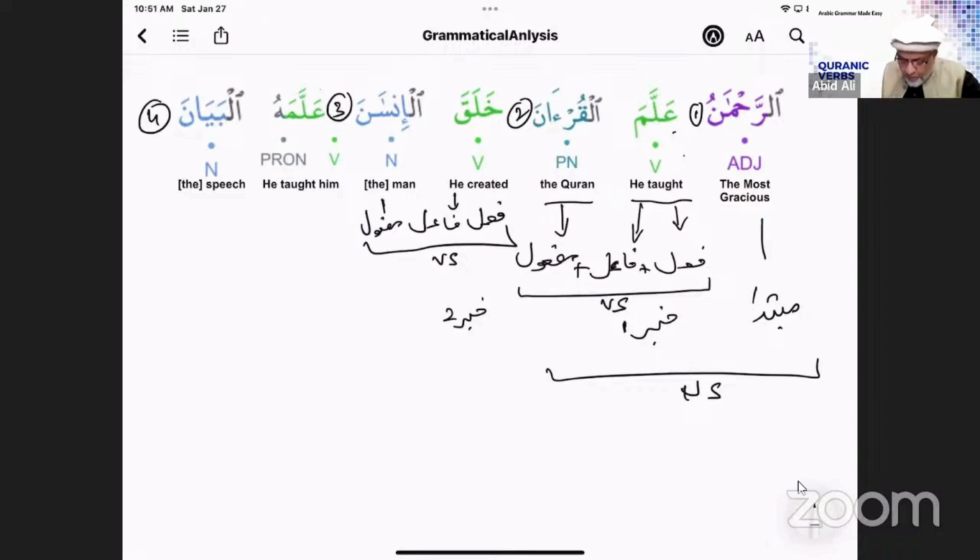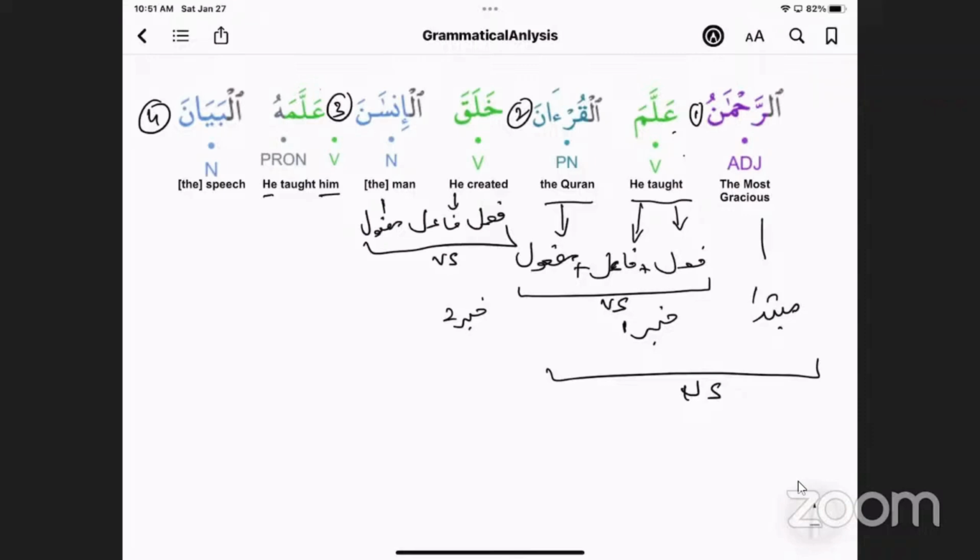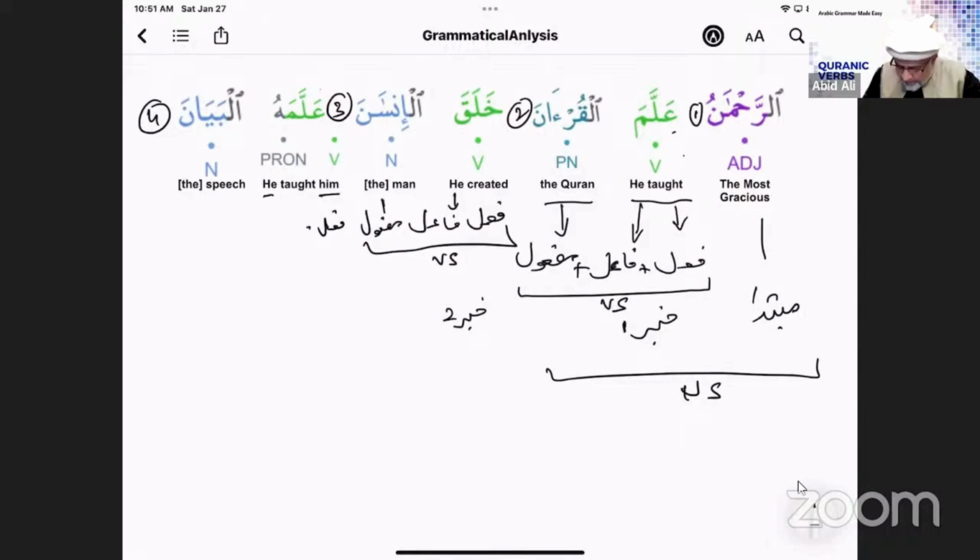Then allamahu. If you paid attention last session, he taught him. So there is a fail plus maful plus maful.